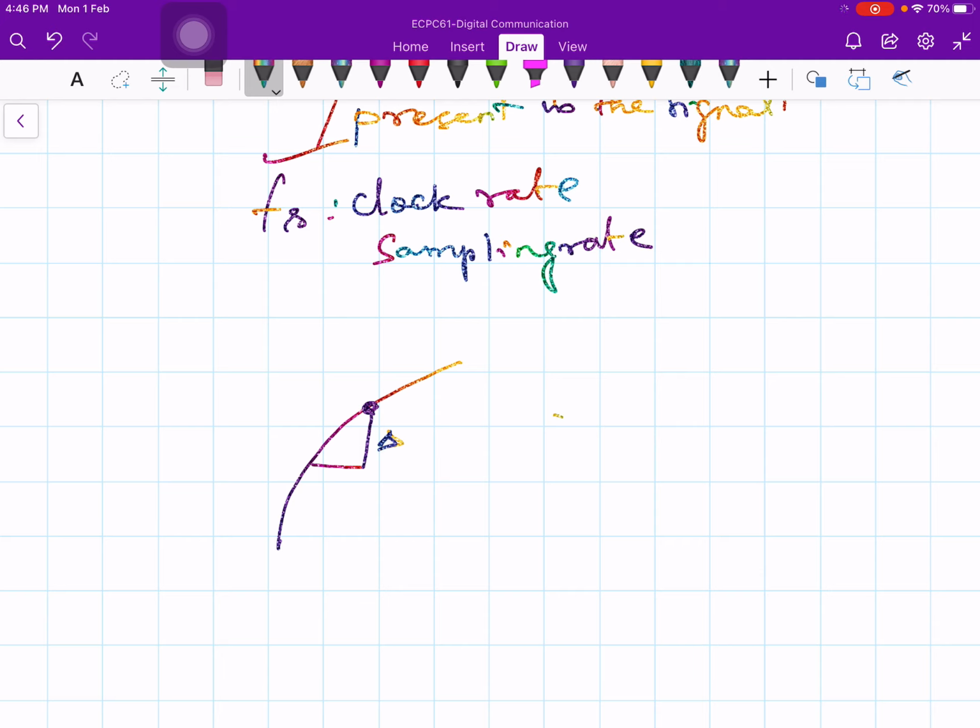Maybe your signal is like this, you come down like this, where you just reach this point and come down. So here delta is like this. In this case, it is plus delta, and here it is minus delta, or vice versa. So you could have both kinds of situations, either plus delta or minus delta. And this delta is uniformly distributed. And this is my waveform.